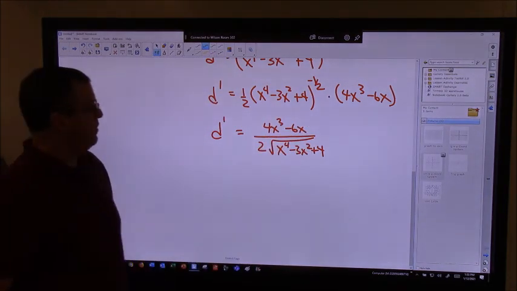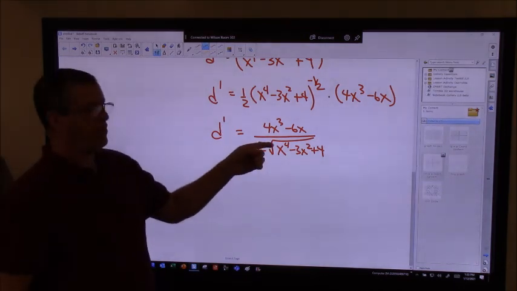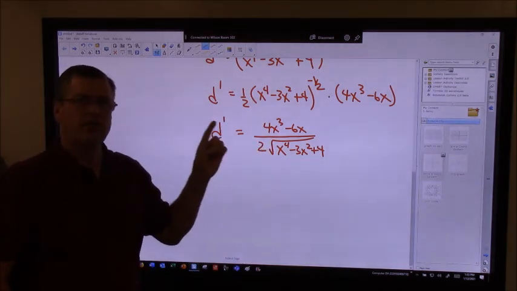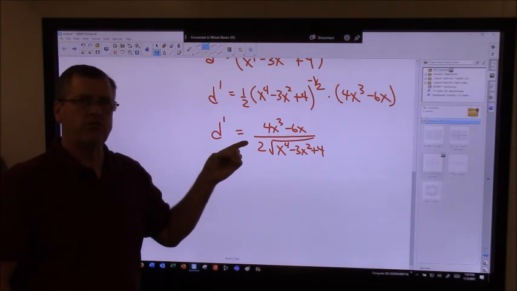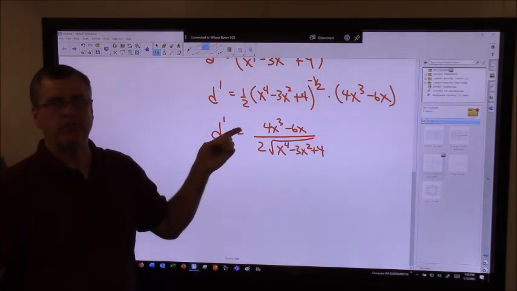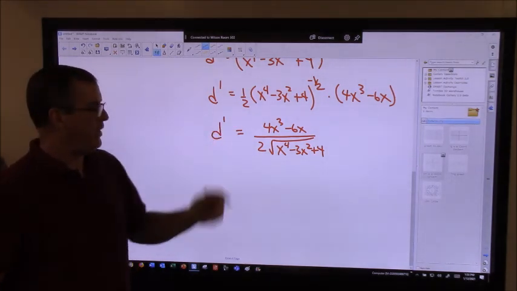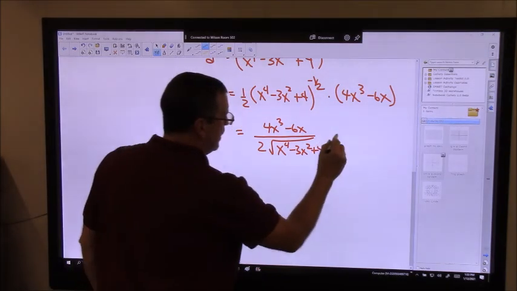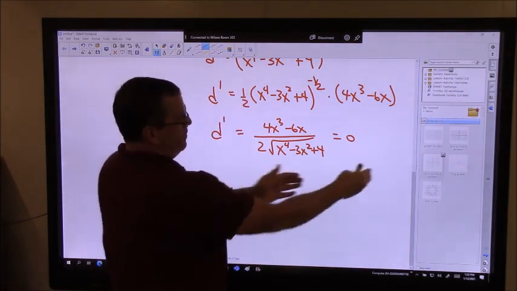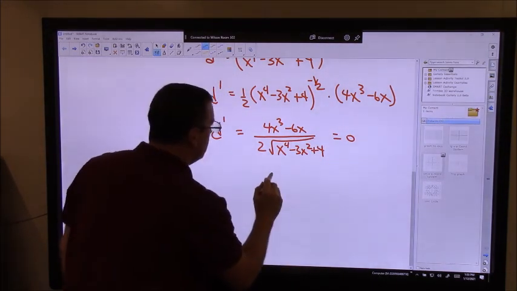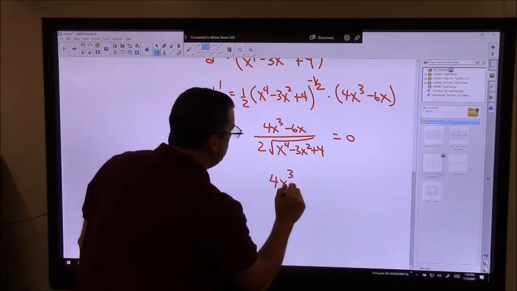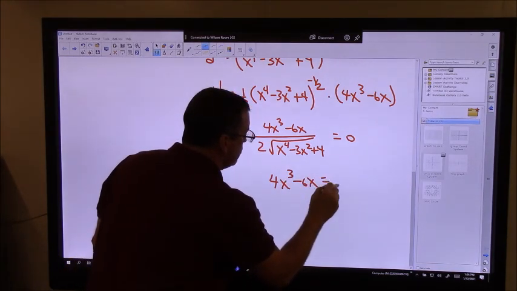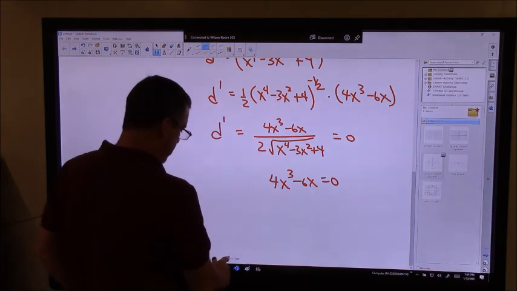So the good thing about this is if I want to set this equal to 0 and solve, the only way a fraction can equal 0 is if the numerator equals 0, right? If I was setting this equal to 0, I'd just move all this stuff over and multiply, and it'd be gone. So I've got 4x cubed minus 6x equals 0. I'll go ahead and factor that.